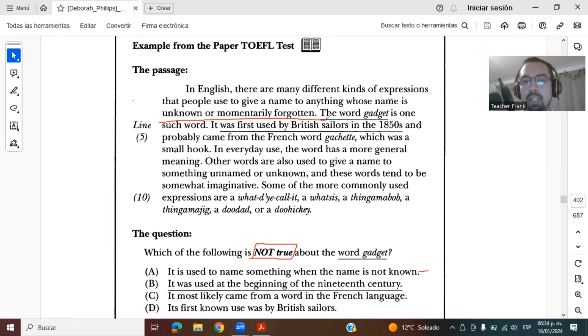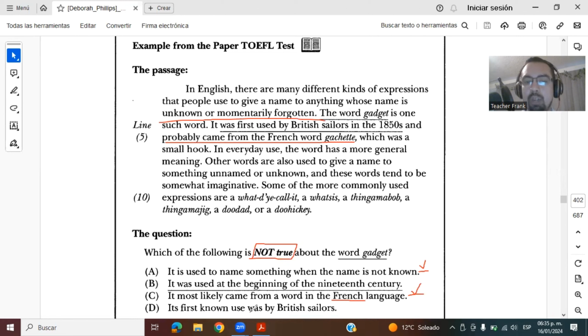The word gadget is one such word. So this one is mentioned. I'm going to skip B because that one's the correct answer. It most likely came from a word in the French language. And down here it says, and probably came from the French word gâchette. So this one is mentioned, so it's not going to be that one.